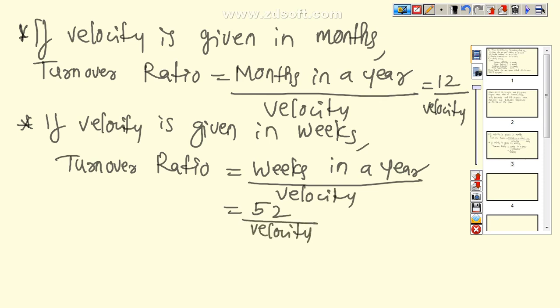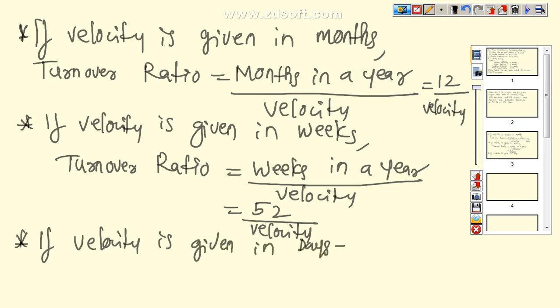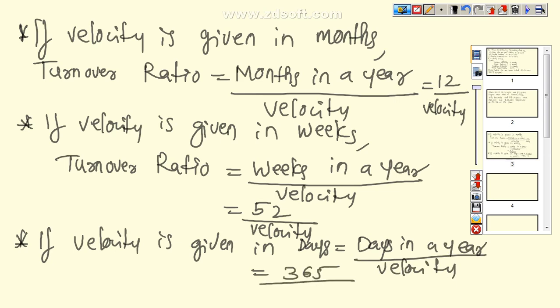If velocity is given in days, then turnover ratio is equal to days in a year upon velocity, that is 365 upon velocity. If it is a leap year, we have to change it accordingly.